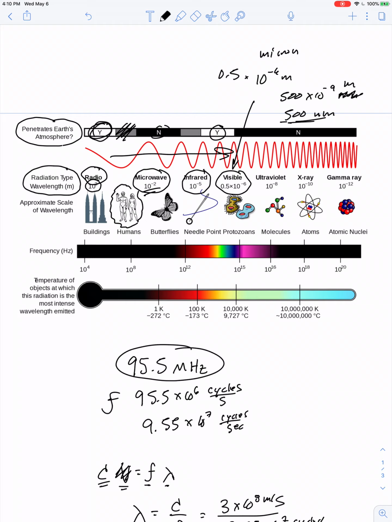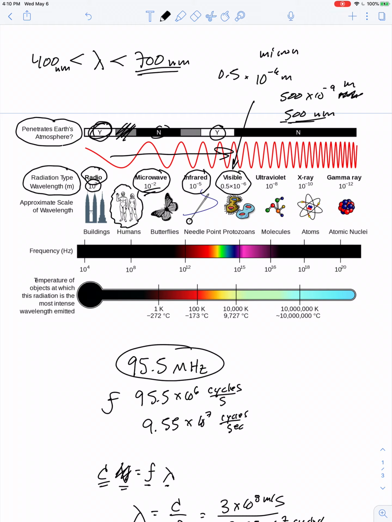That's near the middle of the spectrum. The visible light represents the smallest fraction of the electromagnetic spectrum, and it corresponds to wavelengths that range at most 700 nanometers and at least 400 nanometers.